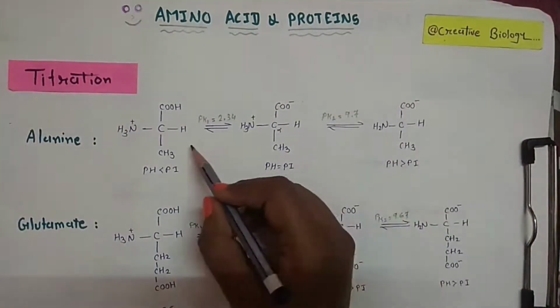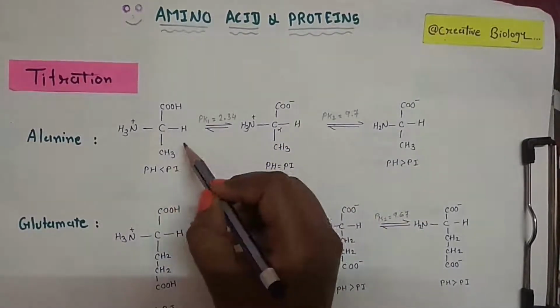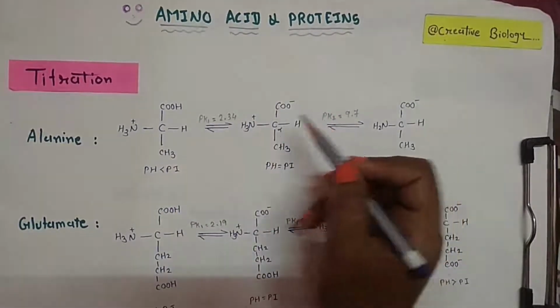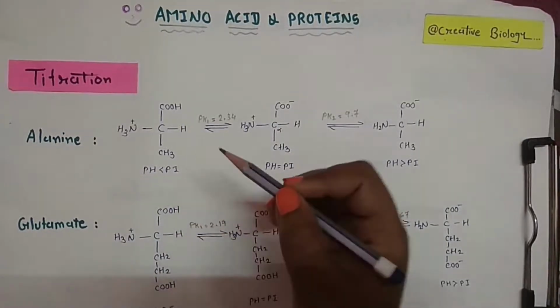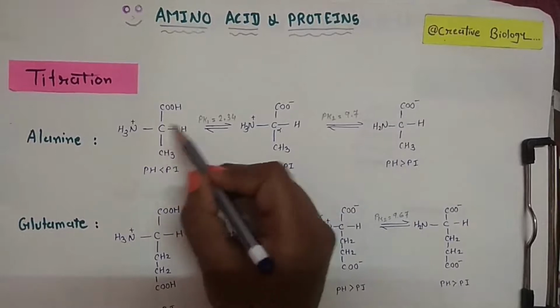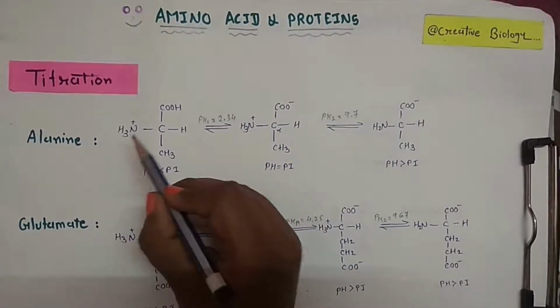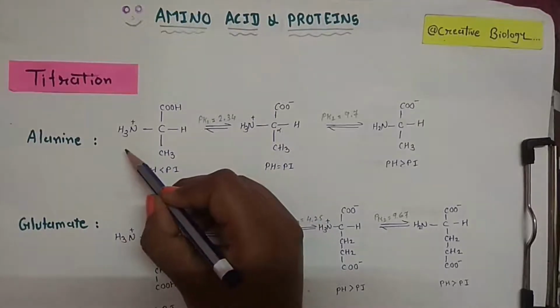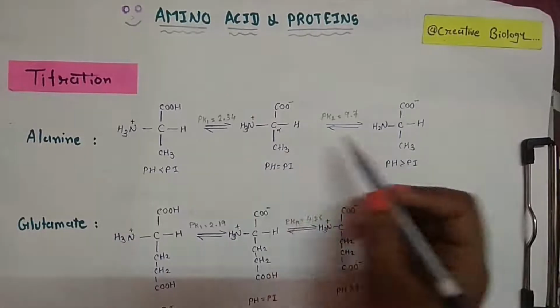If we titrate the solution with an acidic titrant, the pH will decrease, and ultimately the molecule gets a positive charge. Why it gets a positive charge I also explained in my first lecture, so please go and check out that video.